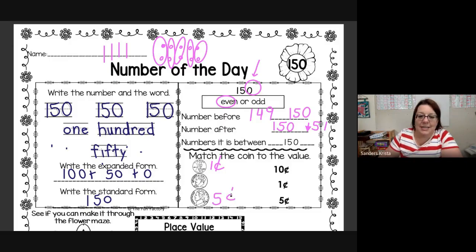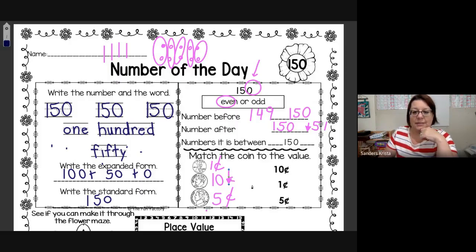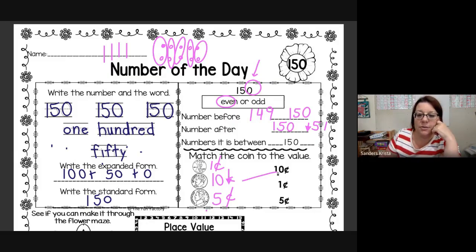A dime equals 10 cents. And that makes sense to me. Oops, that silly thing, cents. And that makes sense to me. So the dime goes there, the penny goes there, and the nickel goes straight across.